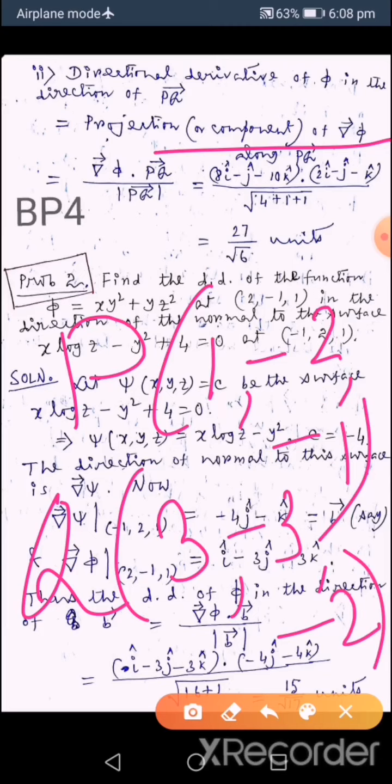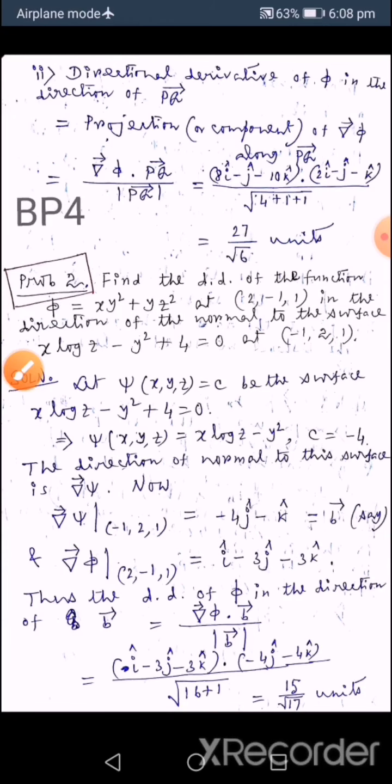So in this way we find PQ, which becomes 2i minus j plus 3k, and mod PQ is root over 4 plus 1 plus 1. So 27 by root 6 units.